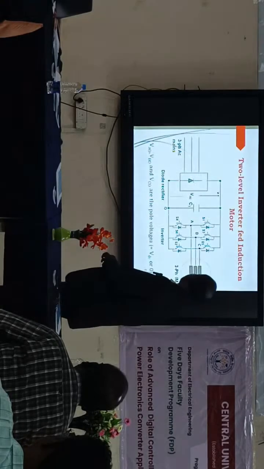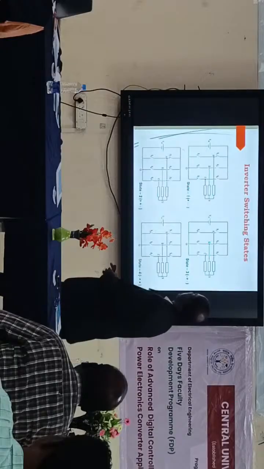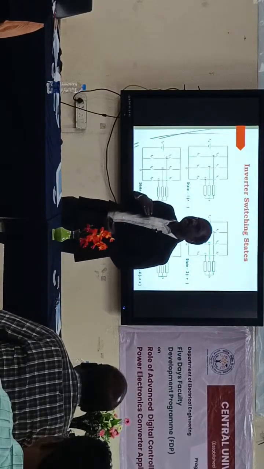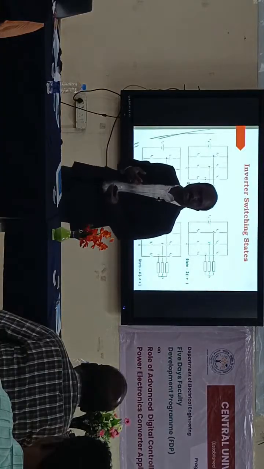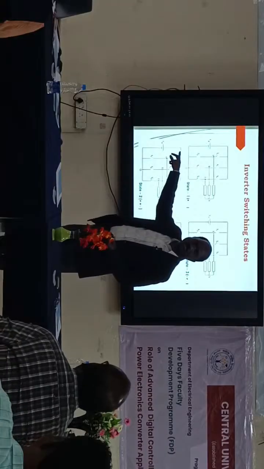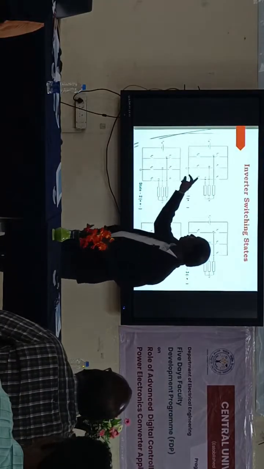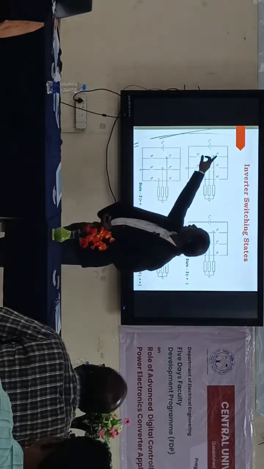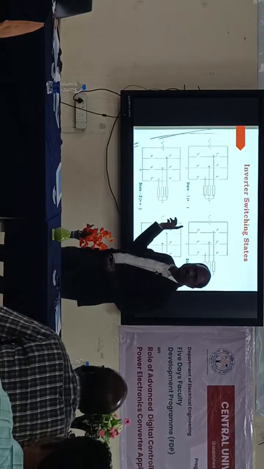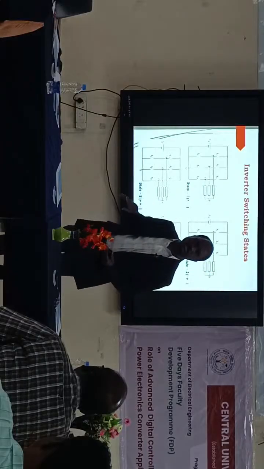What are the switching states? We will see that. For example, this is top closed, bottom, bottom. So how do we recognize those switching states? For that purpose, if the top is turned on it is 1, if the bottom is turned on it is 0. For example, in the first state, 1, 0, 0 is the switching state. Plus, minus, minus: top is plus, bottom is minus.